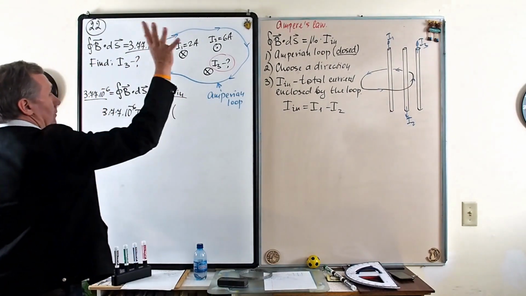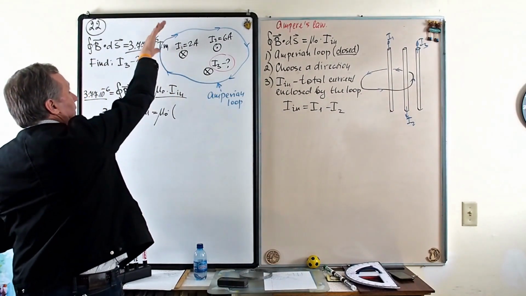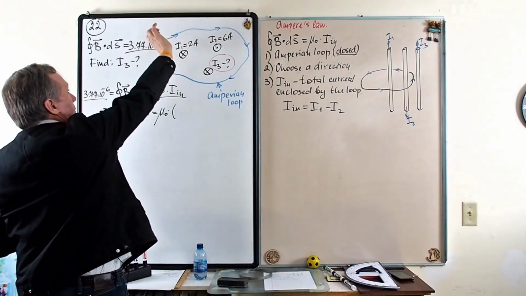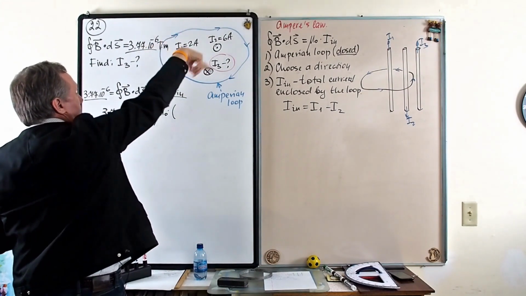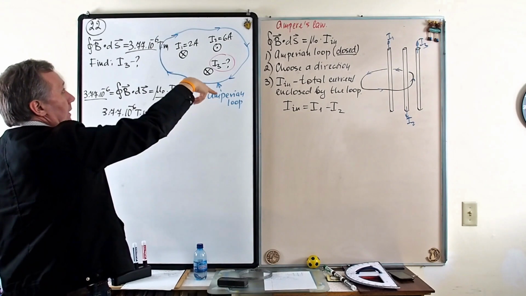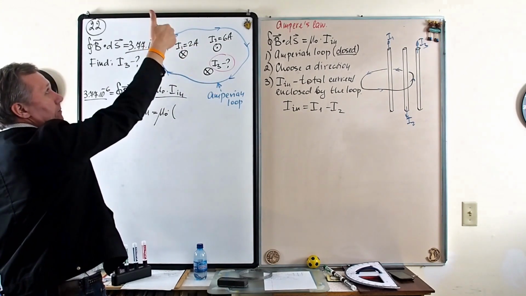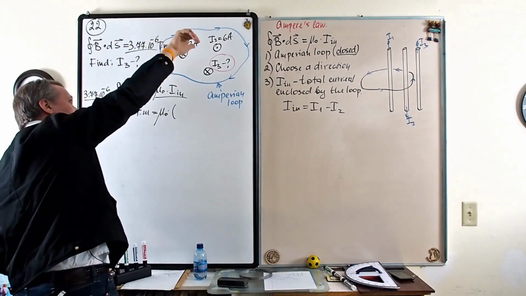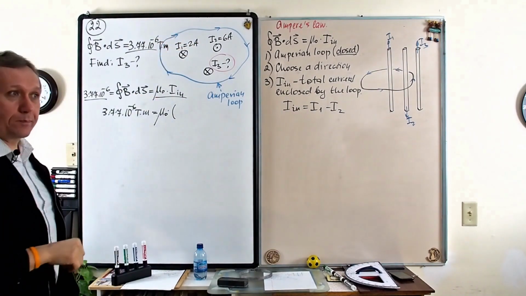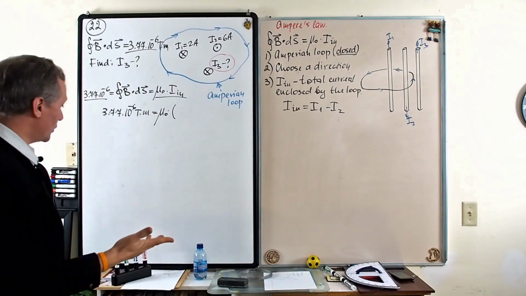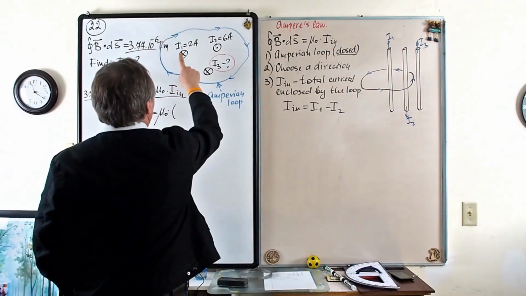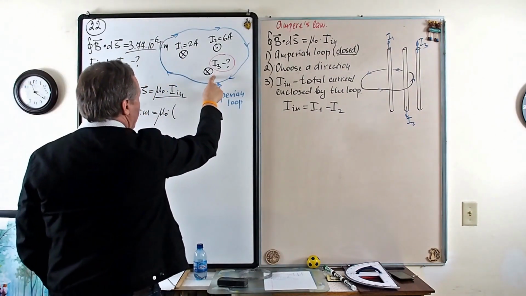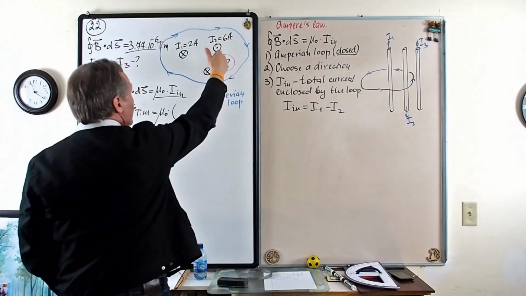Okay, so right hand, curl my fingers in the direction of the loop, and my outstretched thumb gives me the direction. Positive direction for a current is into the board, away from you. So current I1 is positive, I3 is positive, and I2 is going to be negative.